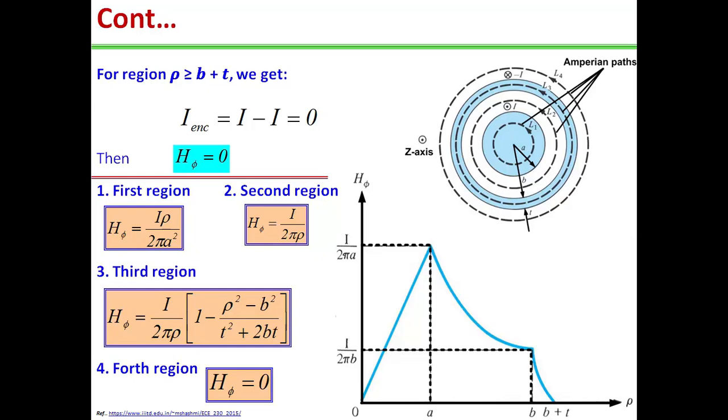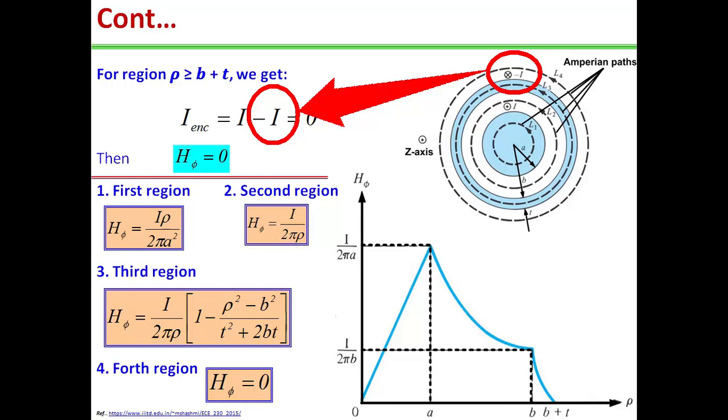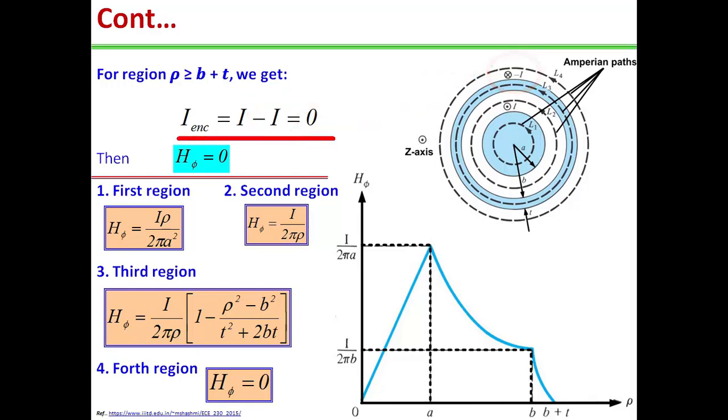For this path, we will have the line integral over L4 of H dot dl equal to I minus I, and this will be equal to 0, because for this Amperean path we will have two currents: one carried by the inner conductor, that is the plus I, and the outer conductor has the return current, that is the minus I. So the total current enclosed by path L4 is 0. So finally we will have H phi equal to 0.